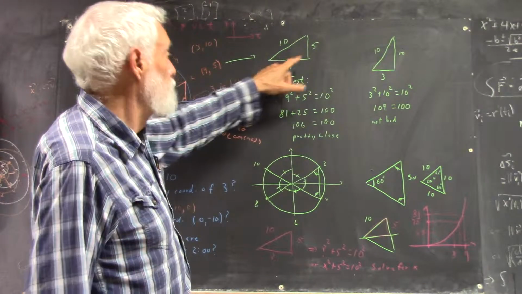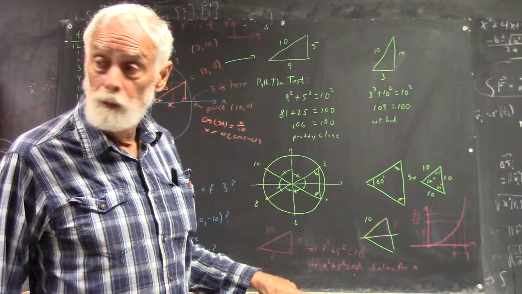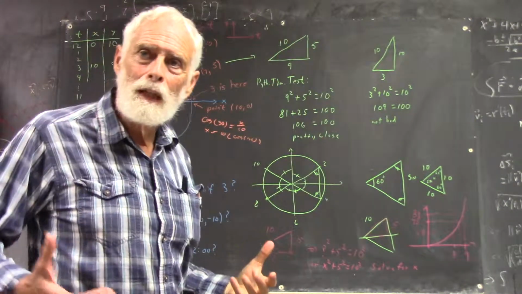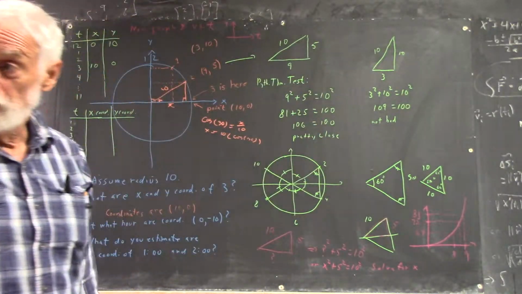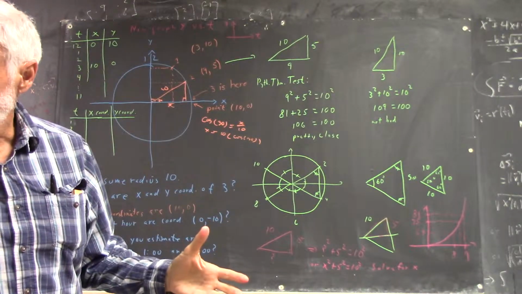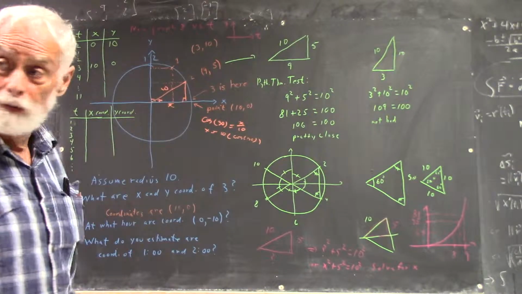We just do 9 squared plus 5 squared equals 10 squared. We find out that comes pretty close, which means that, at least for this point, it's a fairly plausible estimate, right? At least as far as the Pythagorean theorem test goes, okay? Now there's another one, somebody estimated 310 on this, okay?